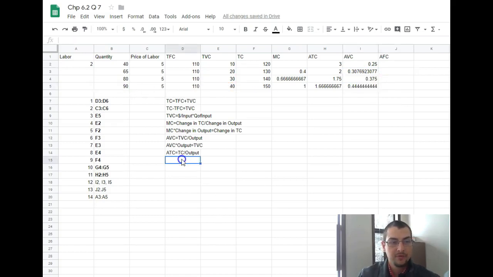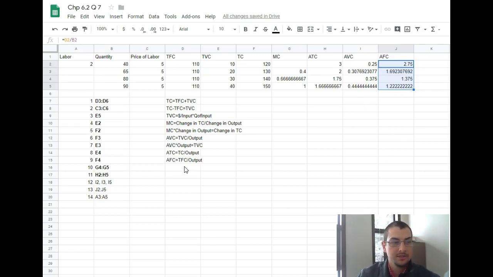We can do the same thing for the average fixed cost. Average fixed cost is simply equal to total fixed cost divided by output. Again, we can do our total fixed cost divided by our output, and I'm going to drag that down, and we now have our average fixed cost.